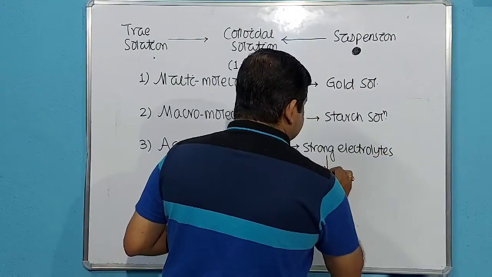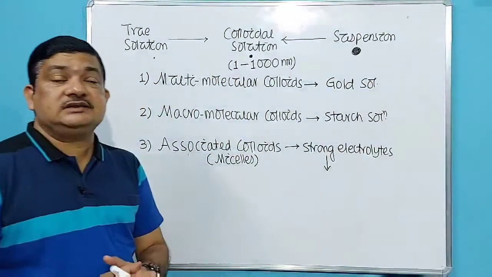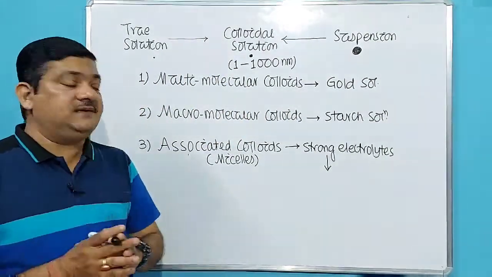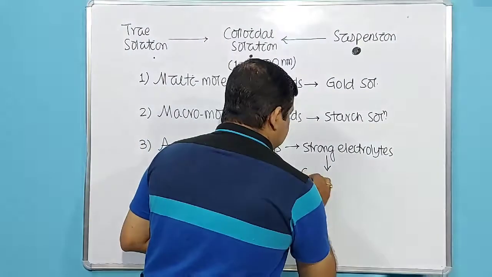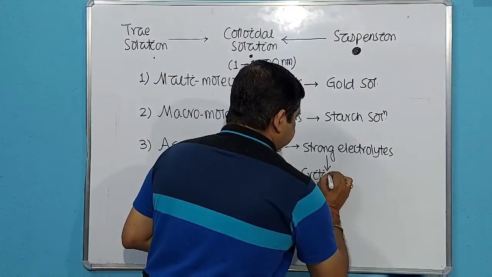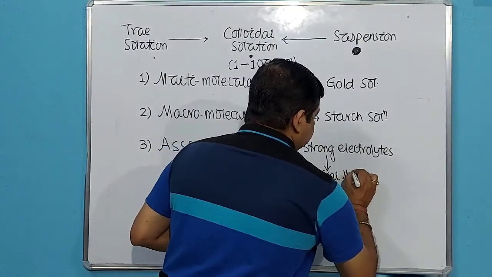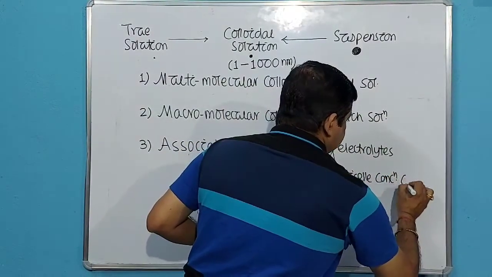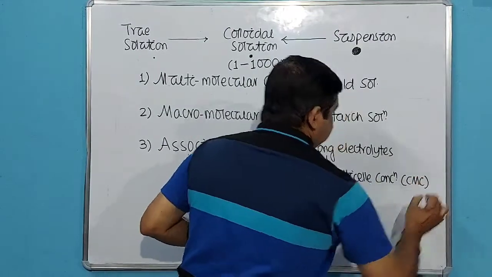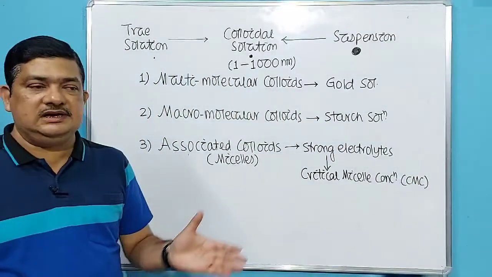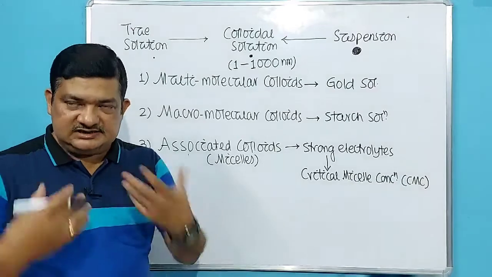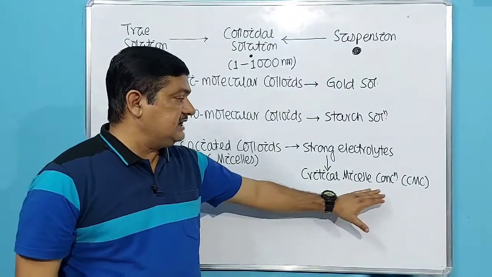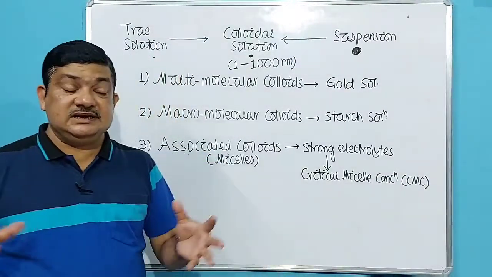And when the concentration of the electrolytes exceeds a definite value known as critical micelle concentration, CMC, what happens?